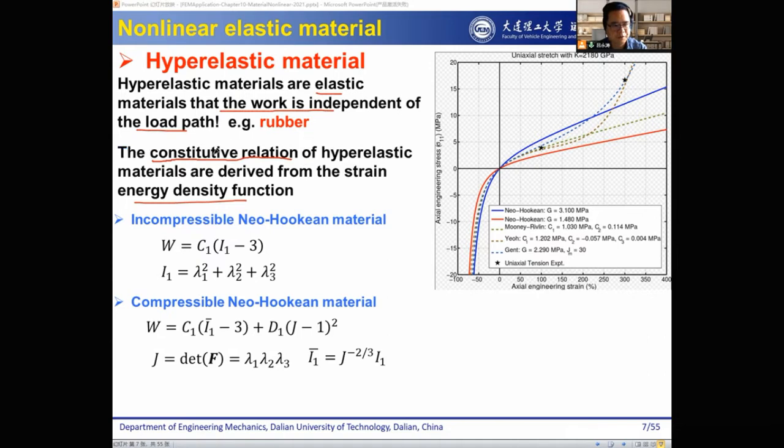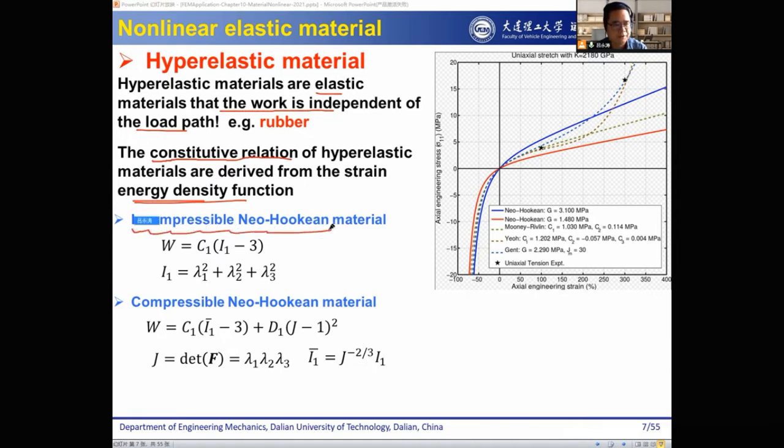Once we have the constitutive relationship for the material, then anything else is solved. So for the hyperelastic, it's derived from the strain energy density function. Therefore, we need to write out the strain energy density function for the hyperelastic material. And for the hyperelastic material, there are several subtypes.